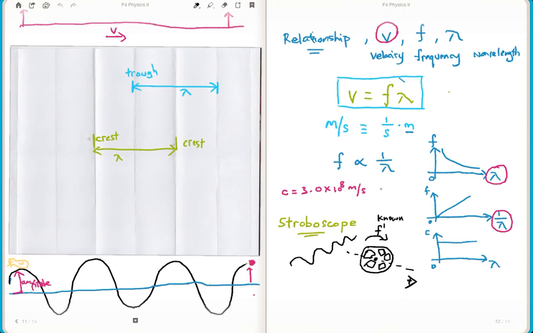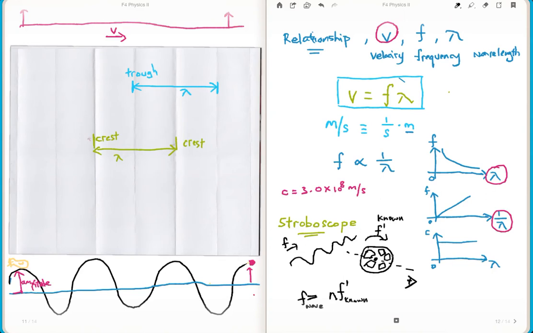Then you will be able to calculate the frequency. The wave frequency will equal the number of holes times the known frequency. This is the known, you set it in your instrument, how many hertz. Look at it: do you get a stationary wave?